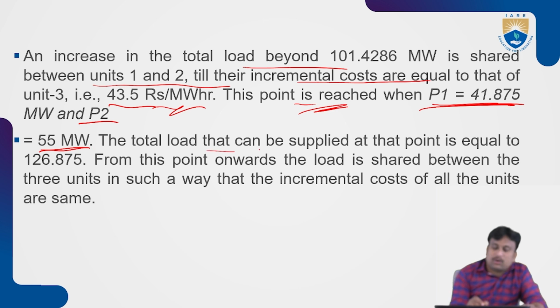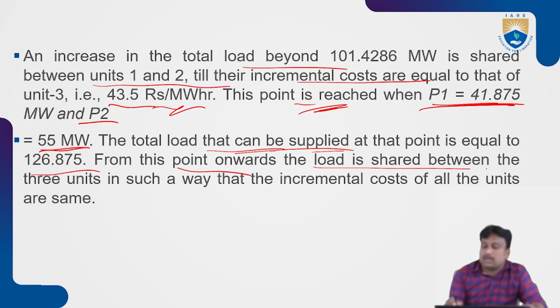Now the total load that can be supplied at that point is 126 megawatts. From this point onwards, the total load is shared between the 3 units in such a way that the incremental costs of all the units are similar.